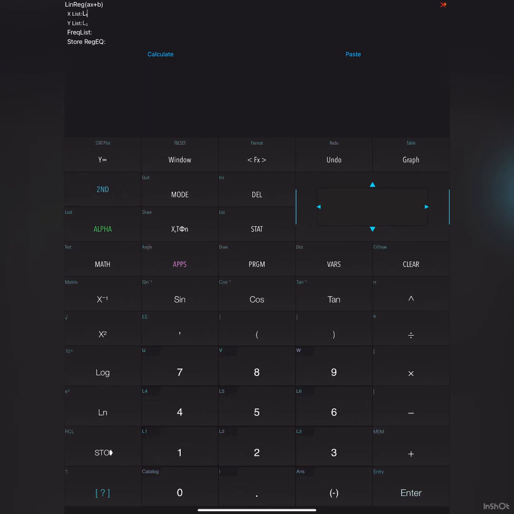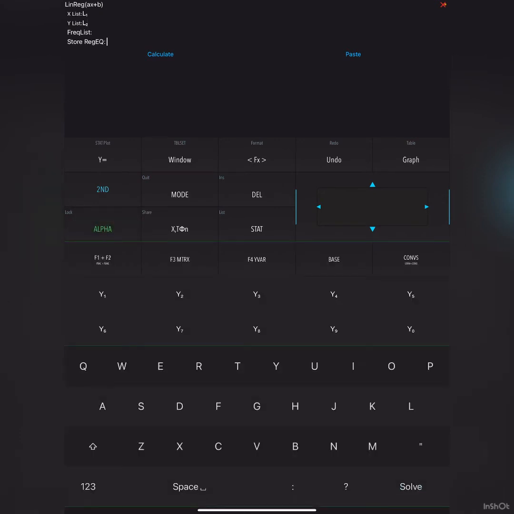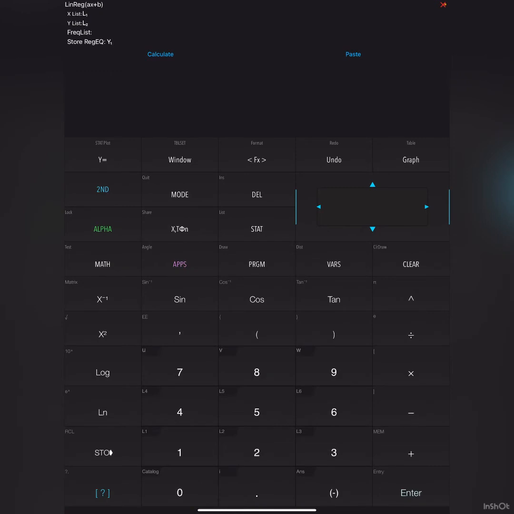So L1, second L2. We want to store our regression. So again, we're going to go alpha. And when you hit alpha on this app, you go to F4, Y variables. And then we choose Y1.